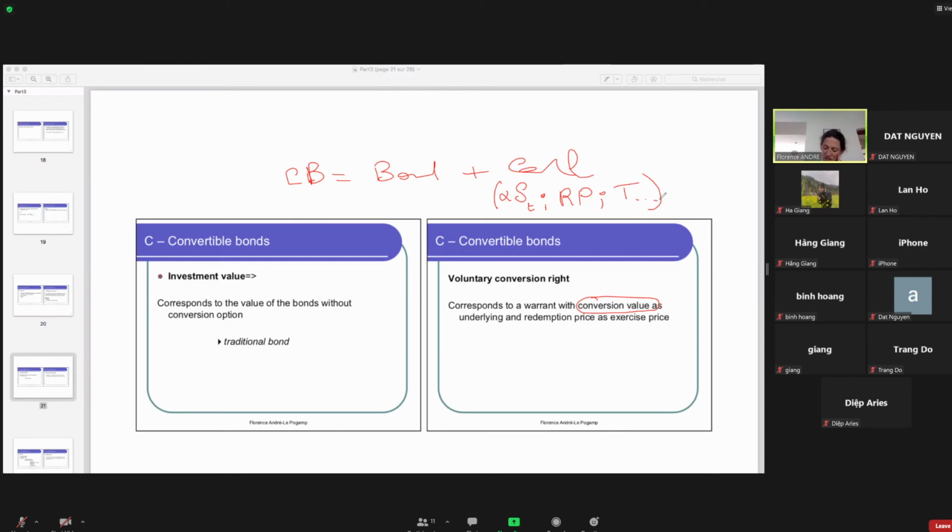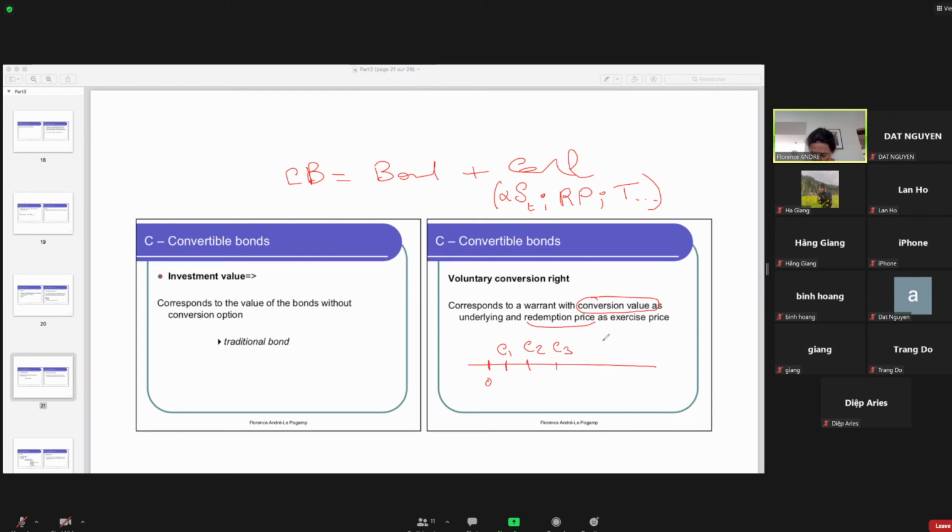Each time the conversion value exceeds the redemption price, the investor has a right to convert the bond into equity. So during the life, you will receive coupons, okay?